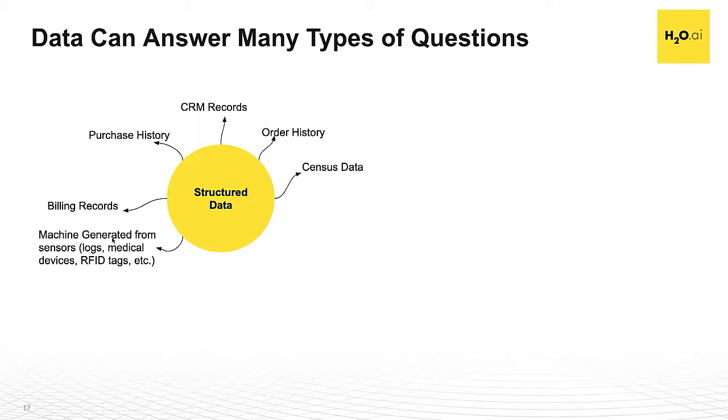There's definitely machine generated structured data. When we talk about sensors, there are RFID tags, or radio frequency ID tags, medical devices, and GPS data. That's data that is structured, but it's generated by a machine.